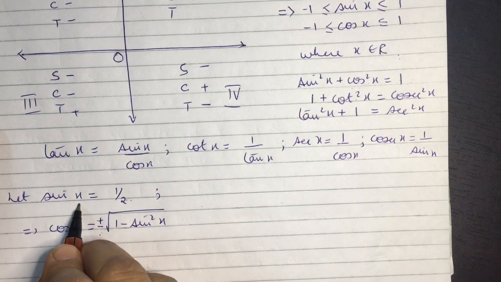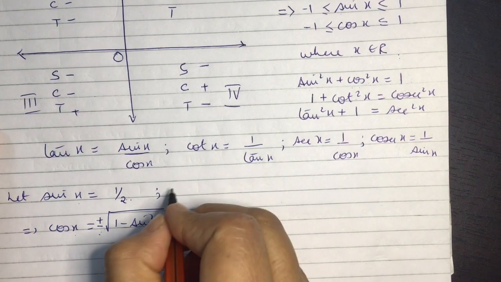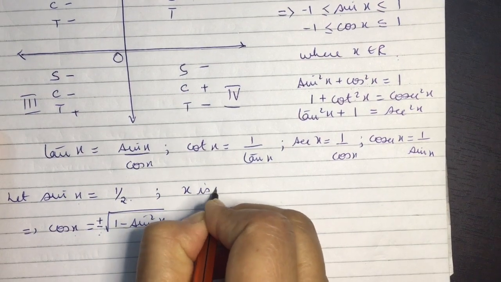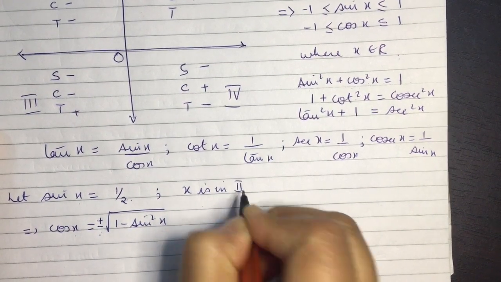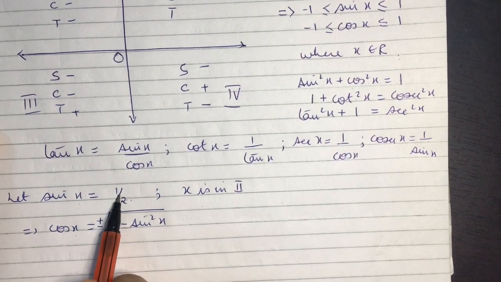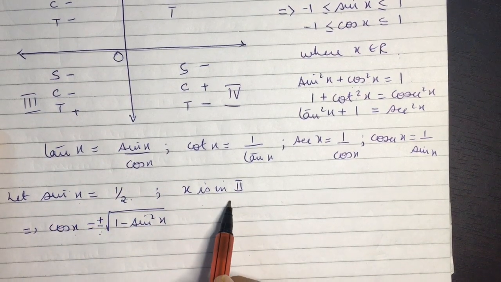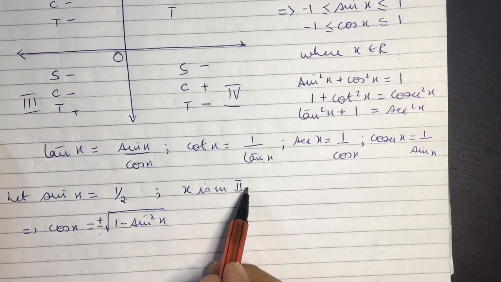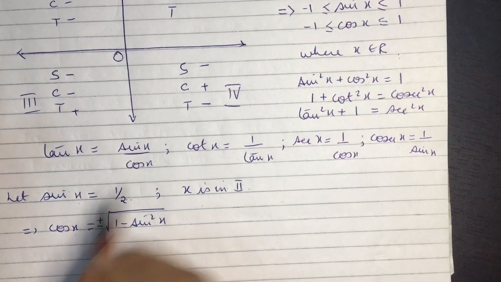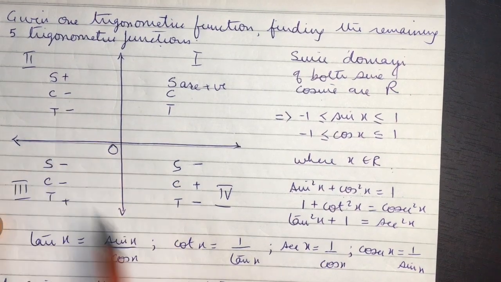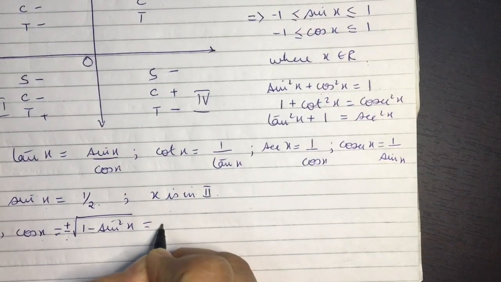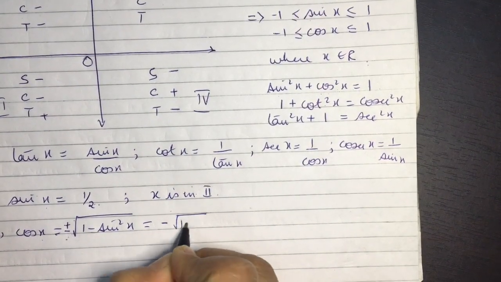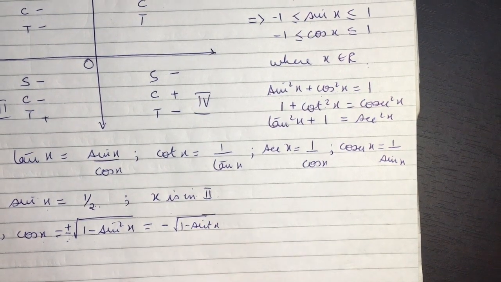It means that only knowing sin x is not enough, we should also know the quadrant to which the angle x belongs. Since sine is positive in the first and second quadrants, x could be in either one. So let's say it is given to us that x is in the second quadrant. In the second quadrant we know that cos is negative, so we will take minus of the square root of 1 minus sin squared x.